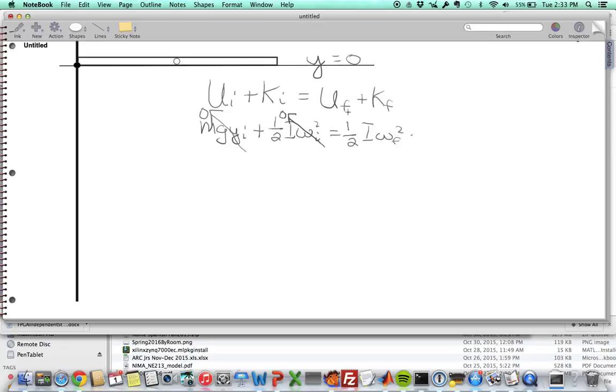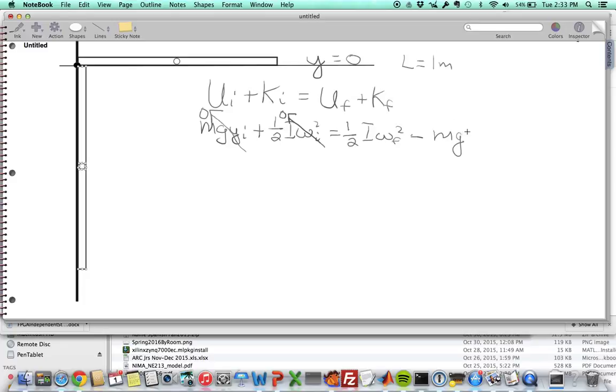and that's it. And so my U final is going to be when it goes into this position down here. When it goes into this position right here, I am going to have potential energy. This is going to be minus mg, and the length of my rod, L, is equal to, I think we said, 1 meter.